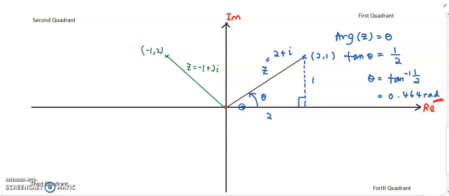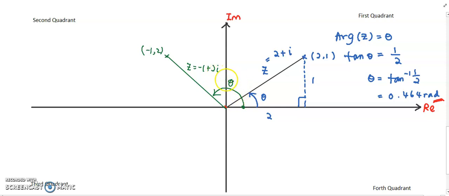The positive real axis is from here, and we draw an arrow to the line in the anti-clockwise direction. This green angle is our new theta, which is known as the argument of Z, -1 plus 2i.